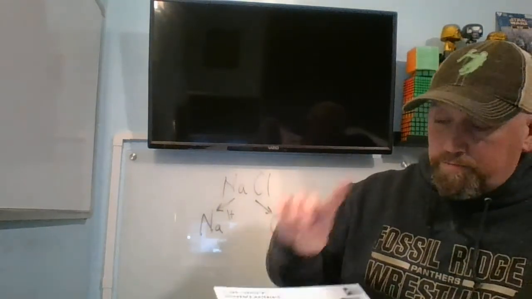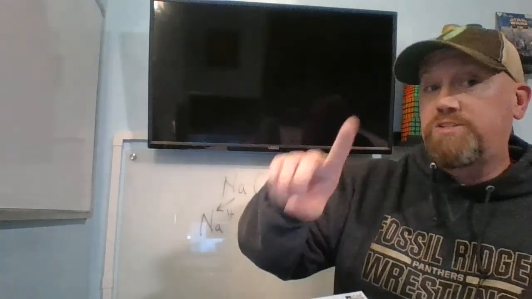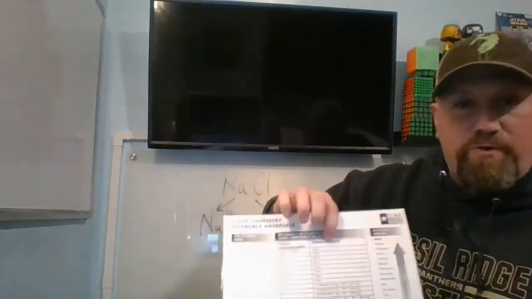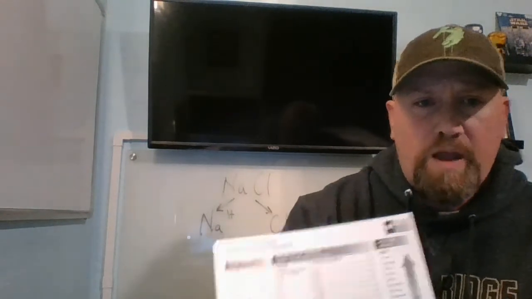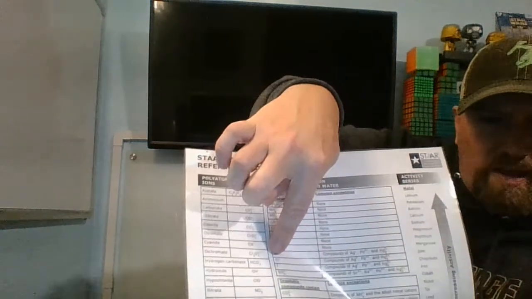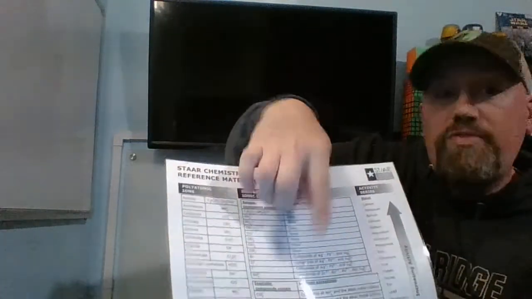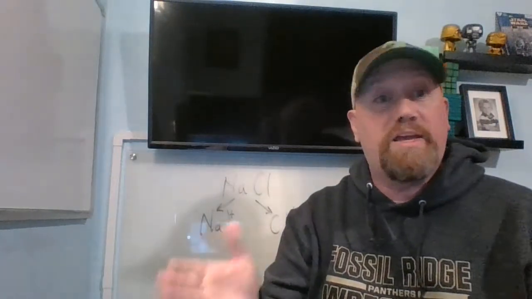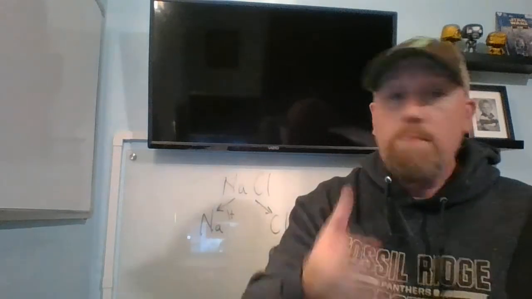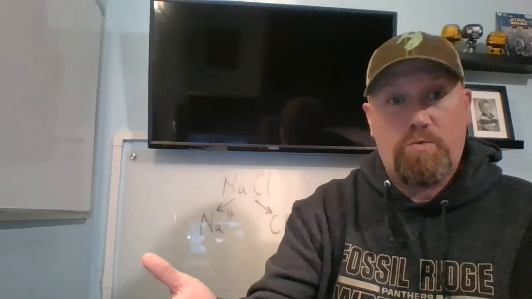Now, before we can make that final call, we have to look over here for common exceptions. For chlorine, there are some exceptions. There are some times when chlorine is insoluble. Most of the time, it's soluble and dissolves in water.